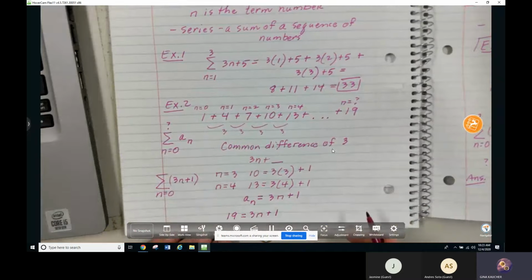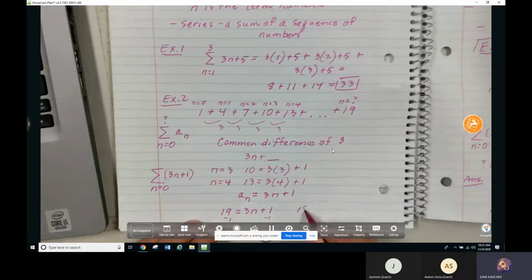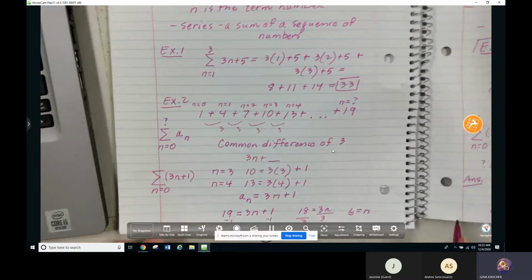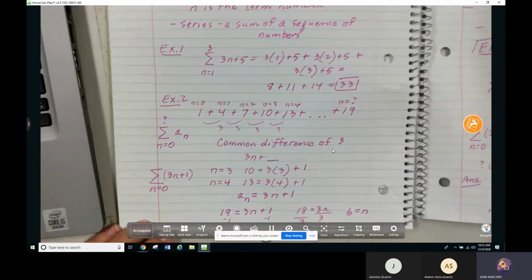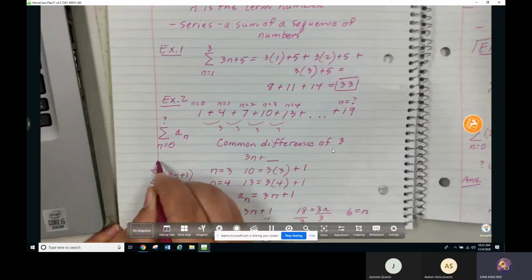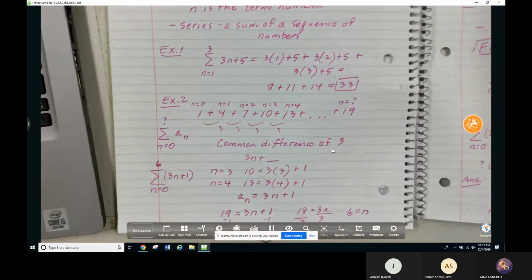So subtract 1, that gives you 18 equals 3n. And divide by 3. 18 divided by 3 is 6 equals n. So your final entry is for n equals 6. That's your upper limit.